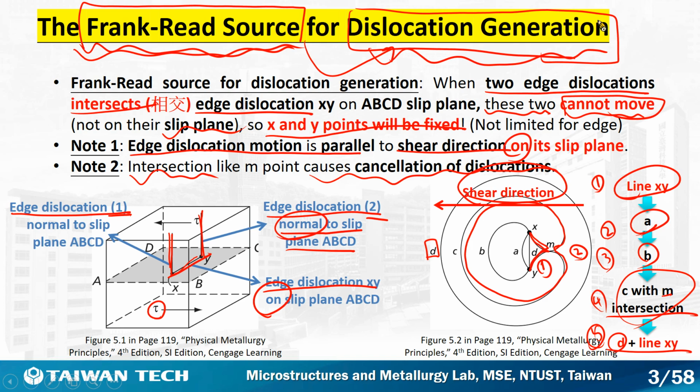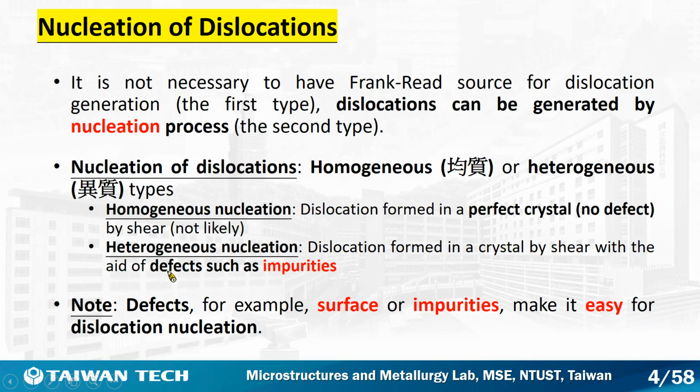But first, we must have this dislocation intersection, and then it will produce more dislocation loops. And now we know the first type to form dislocations, that is the Frank-Read source mechanism.